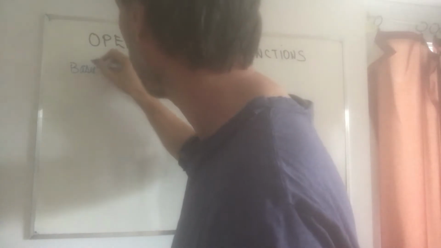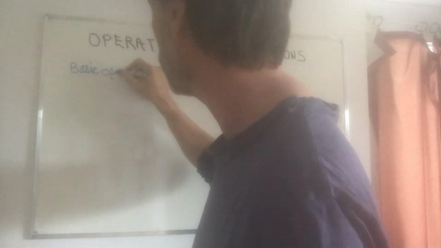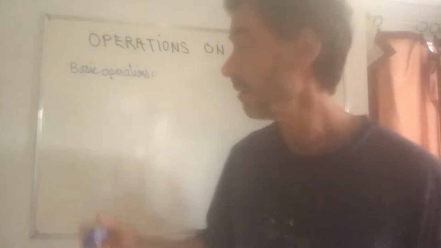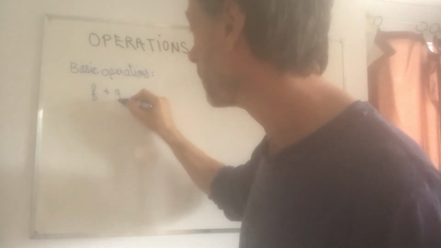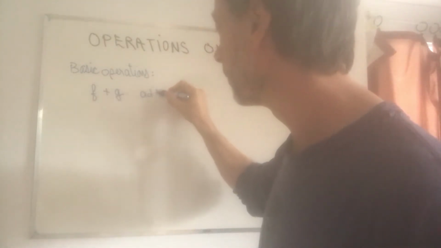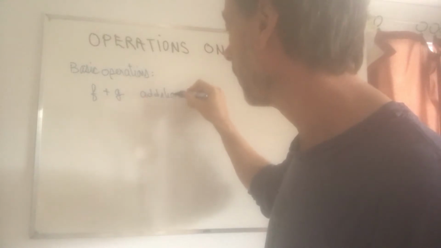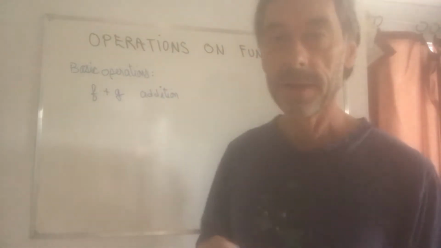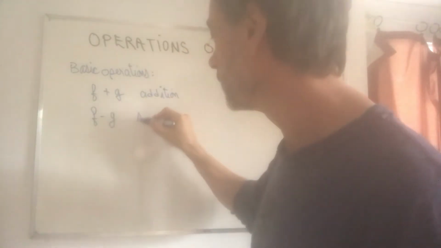So basic operations. The basic operations, as we know, are going to be f plus g. This is addition. Then subtraction, f minus g.